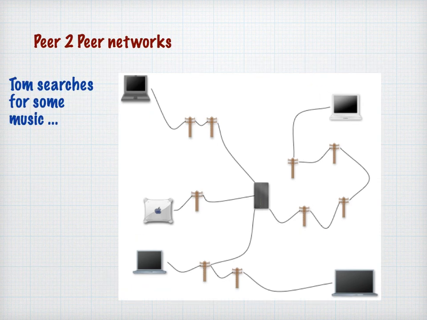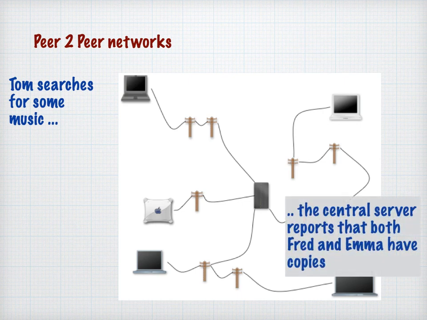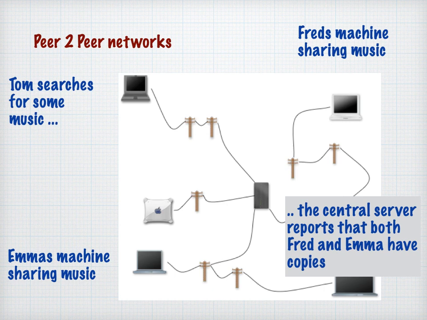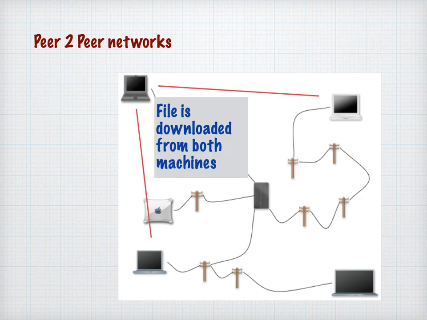Let's imagine Tom is searching for some music, and Tom connects to the central server, which is a database of who is sharing which files. The central server reports that these two other people are sharing that music. And then the file is downloaded from both machines. Now this example just uses 2 machines. It could be 1,000 machines, it could be 20,000 machines. That's how peer-to-peer networks work.